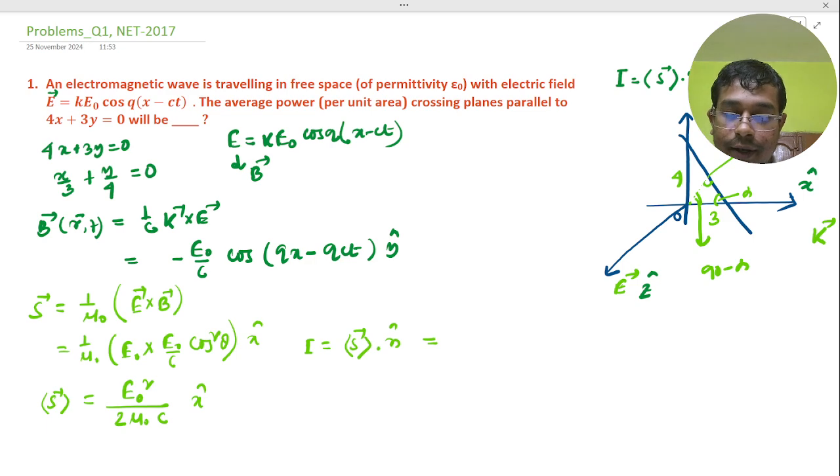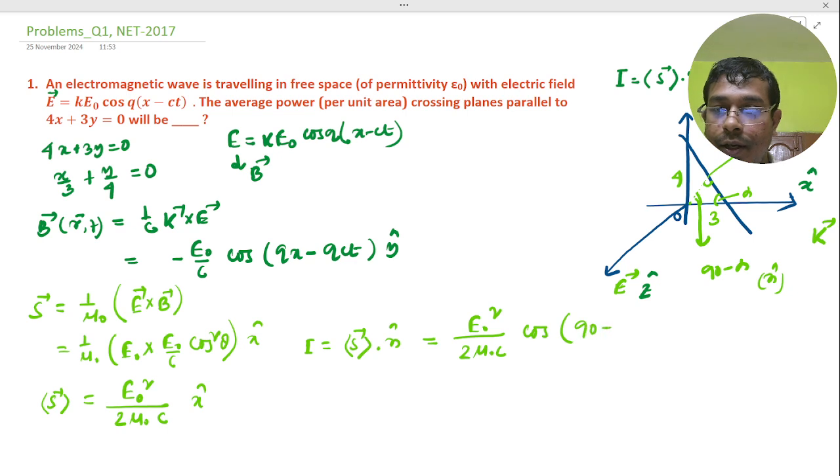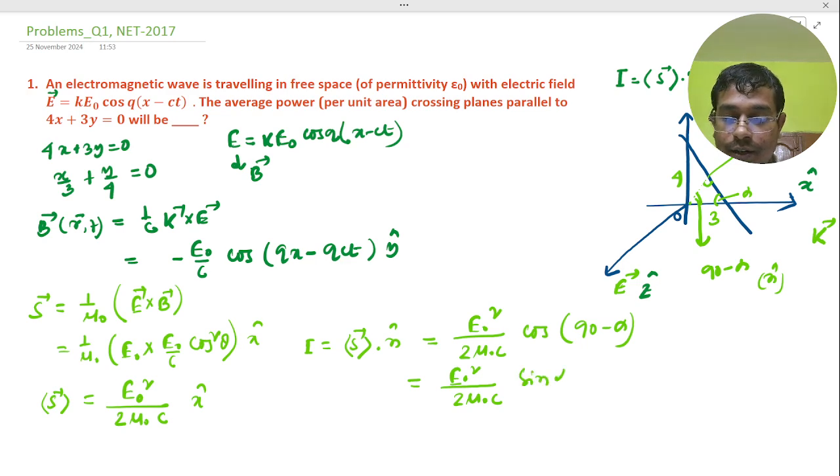We just put the value E naught square by 2 mu naught c, and cos of n cap, this is our n cap. So cos of 90 minus alpha, just put the geometry here, and you will get 90 minus alpha, and E naught square by 2 mu naught c sin alpha, and this is basically 2 by 5 c epsilon naught E naught square.